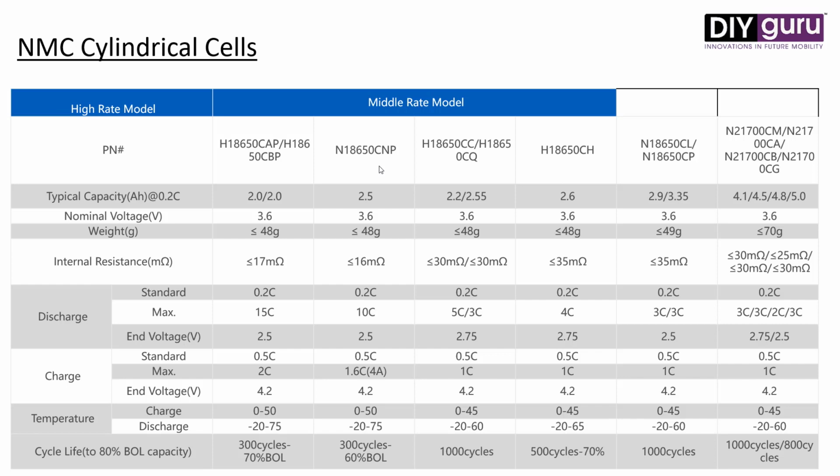Charging temperature can be between 0 to 50, and discharging could be 20 to 75. The cycles of the cells vary from 300 cycles to 1000 cycles.